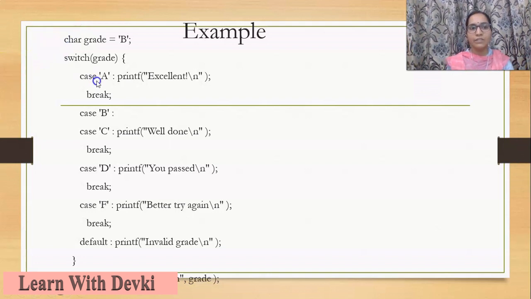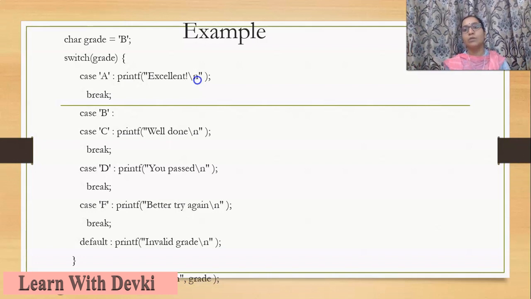So for the first case, if the value of grade is A, then what should print? Print Excellent. The backslash n is for the new line, it will print Excellent, then control will move to the new line, so all the statements below this switch will come in a new line.